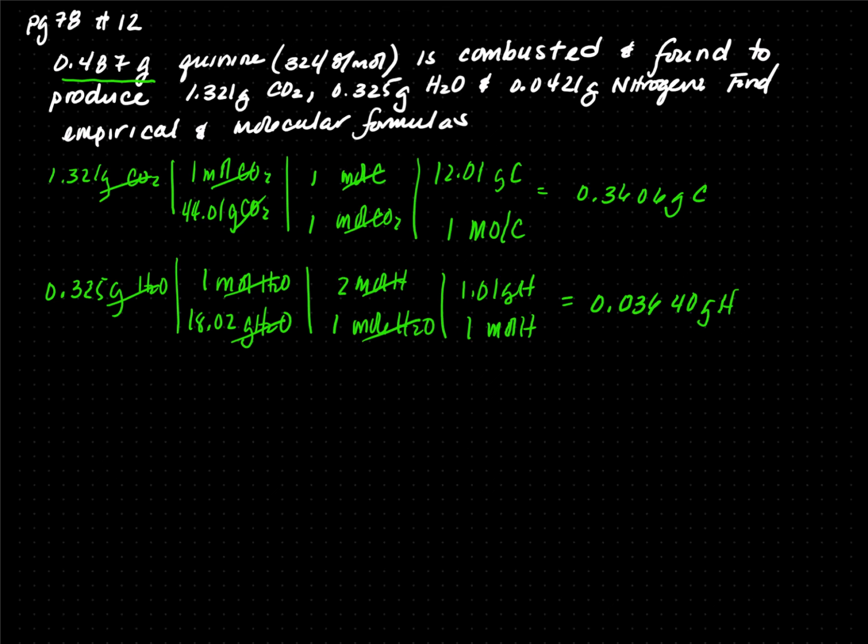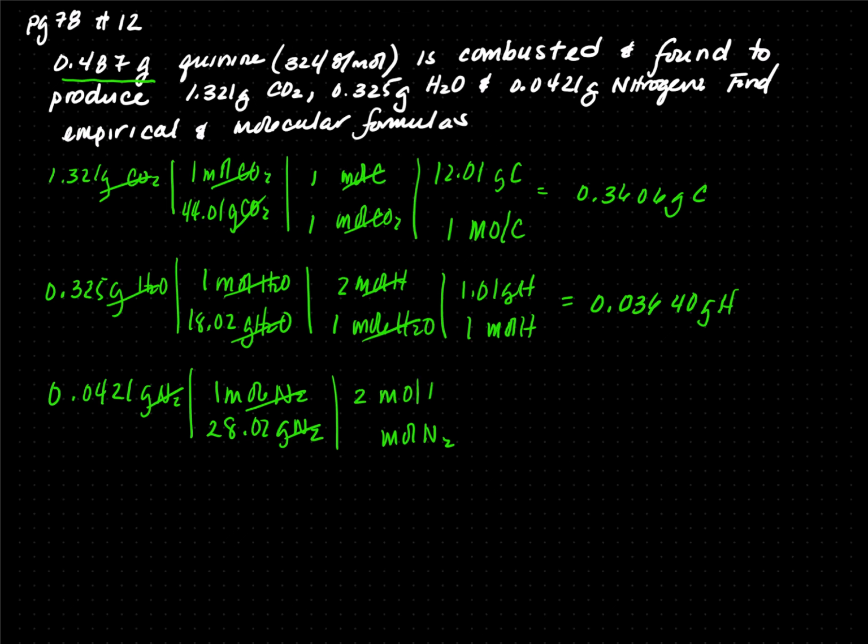Nitrogen, we also have to calculate because nitrogen by itself is a diatomic. So we have 0.0421 grams of nitrogen. There's 28.02 grams of nitrogen to 1 mole of nitrogen. Moles of nitrogen. In diatomic form of nitrogen, there are 2 moles of nitrogen.